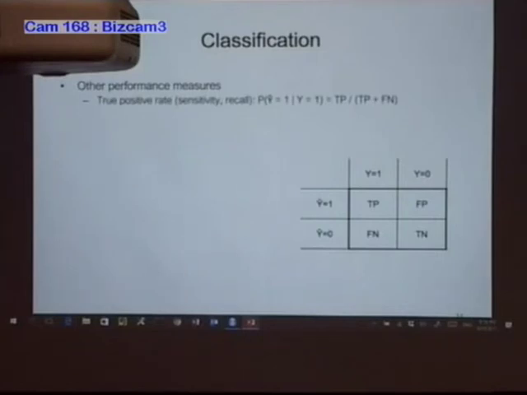There's a so-called true positive rate. True positive rate, I have the definition here, right? It's the true positive, this guy, divided by true positive plus false negative. That's this guy, right? You see the ratio? This is among all the bad people, how many you figured out, how many you didn't, right?